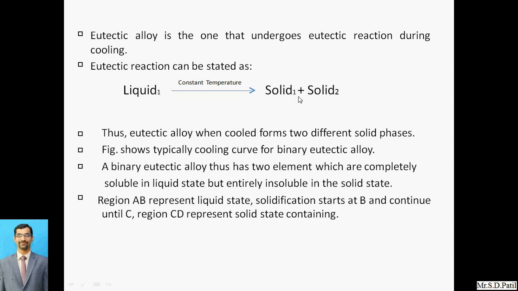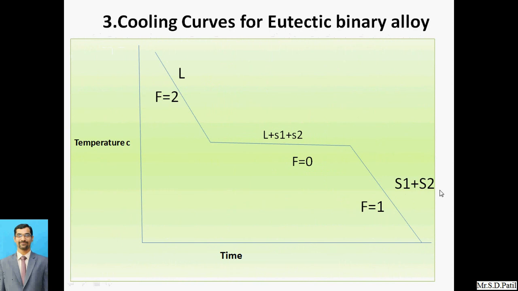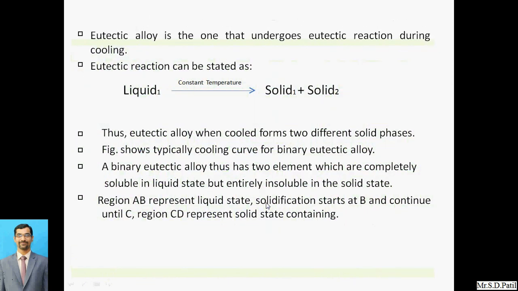Here we say solid 1 and solid 2, which will be indicated over here as S1 and S2. Thus the eutectic alloy, when cooled, forms two different solid phases. That particular figure shows the cooling curves for the binary eutectic alloy.